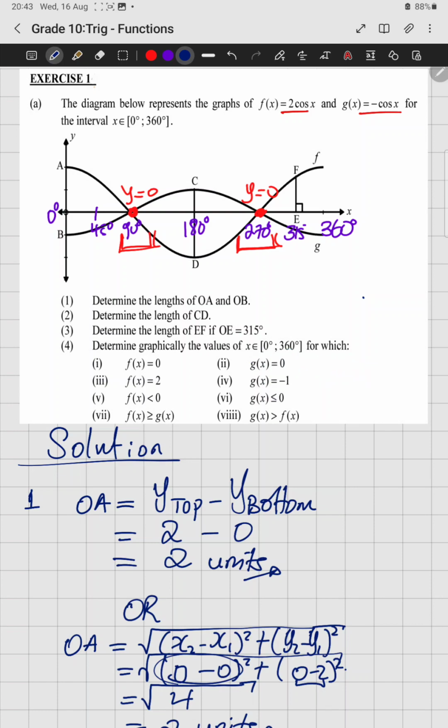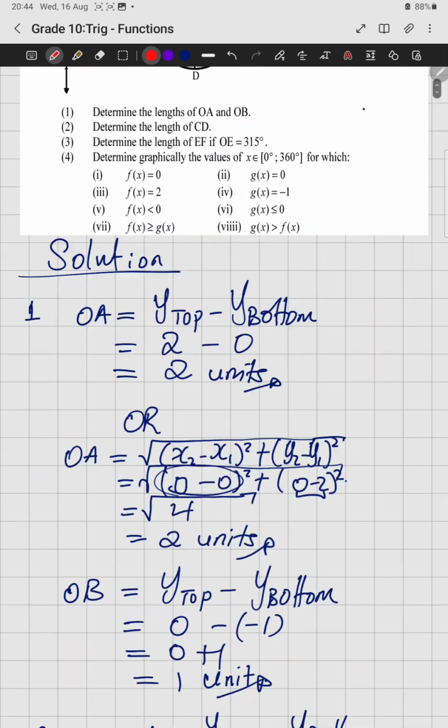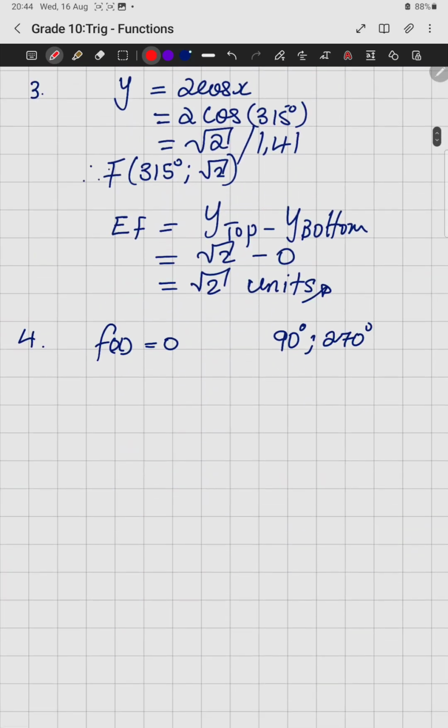Now you will see that these two graphs intersect here and over here, so we're going to use the same values of x. As well, g of x is going up and starts to be 0 here, and going up and it's 0 here, and going down, but it's 0 at 90 and 270 over here and here as well. So that is the first part.